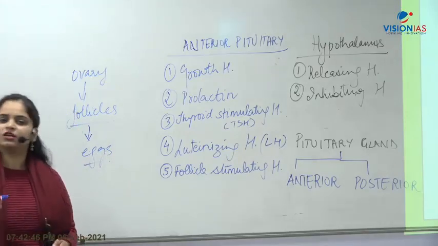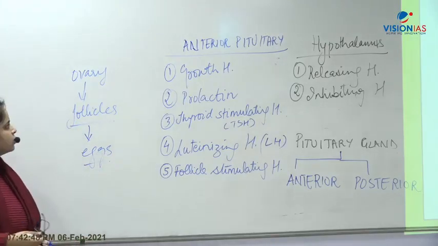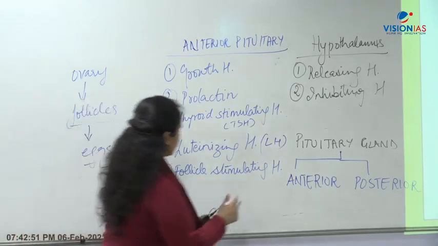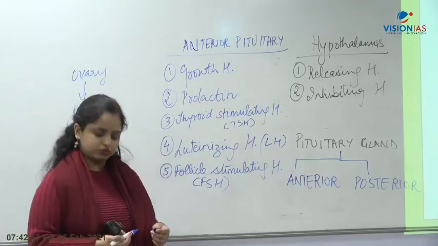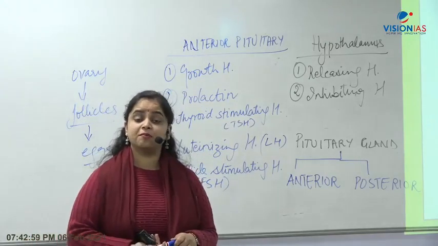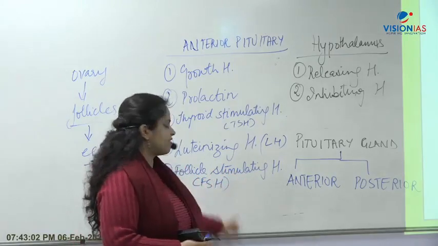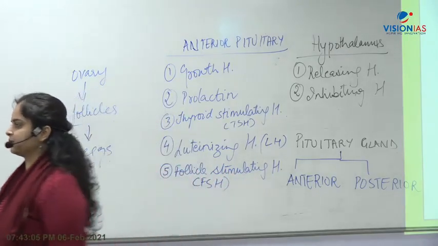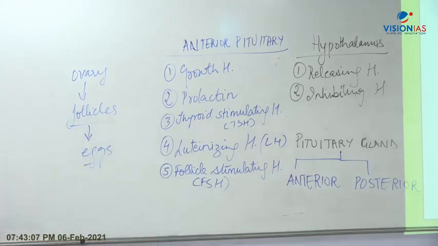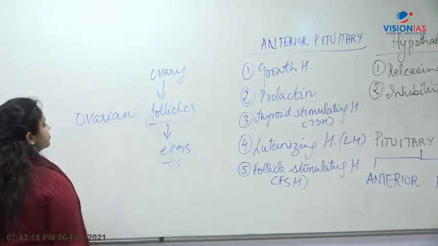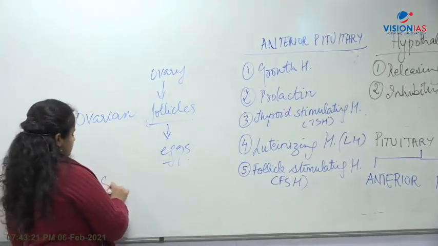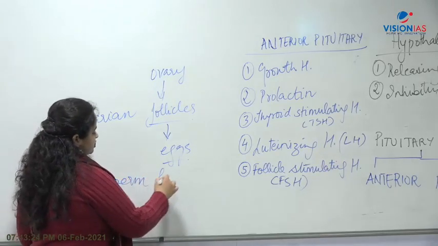Those eggs will be used for reproduction then. So FSH helps in maturation of these follicles and also in sperm formation in males. So write down, FSH helps in the maturation of ovarian follicles and sperm formation.